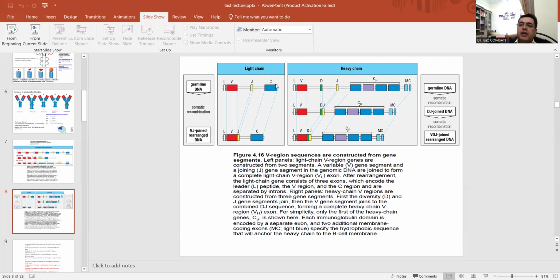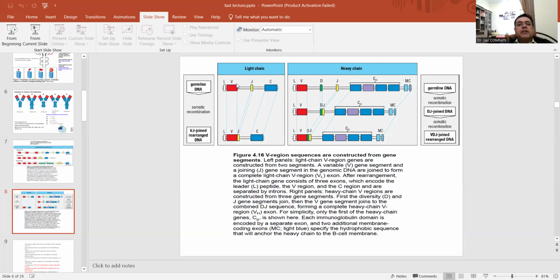And for the lambda and kappa, there are different chromosomes on which these segments are present, and these have to be joined with each other. So this is the germline DNA where they are dispersed or present in different locations.